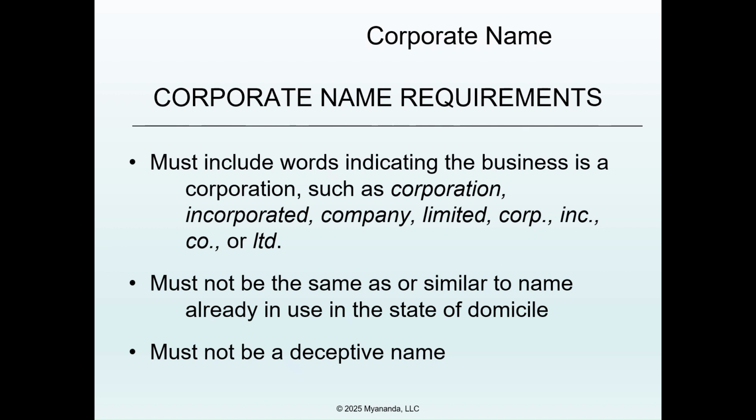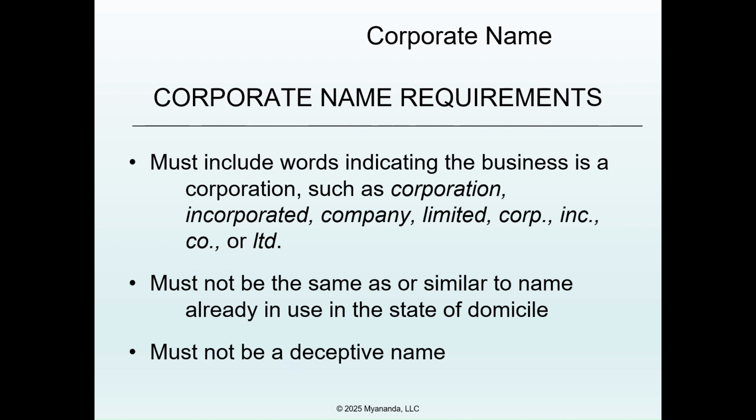The name chosen for the corporation has to have certain wording, like incorporated, corporation or limited, or the initials Inc., Corp., or Ltd. The name can't already be used in the state where the incorporation is taking place, so you need to watch for things that might be deceptively similar. It can't be misleading to the public, using words that indicate it's formed for one purpose where its actual purpose is completely different.